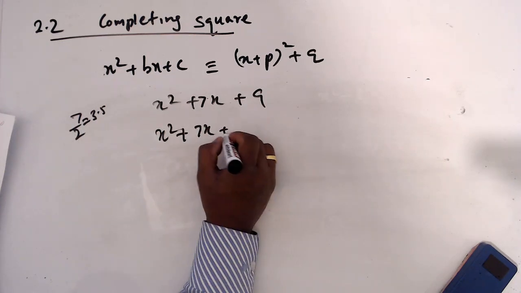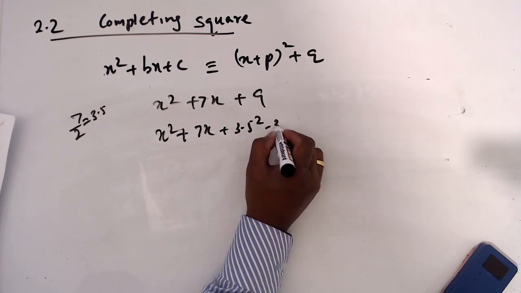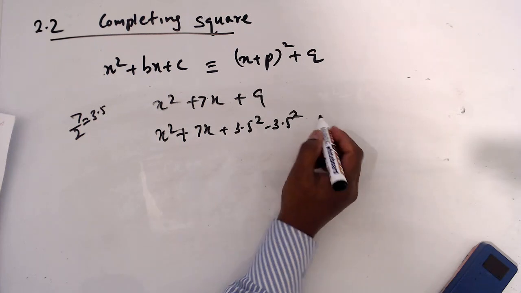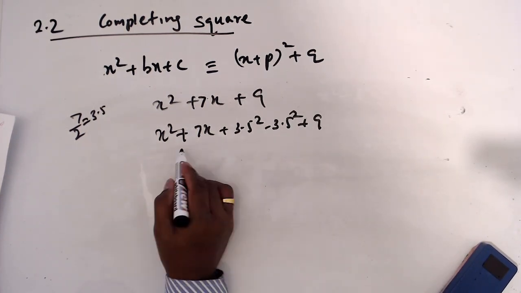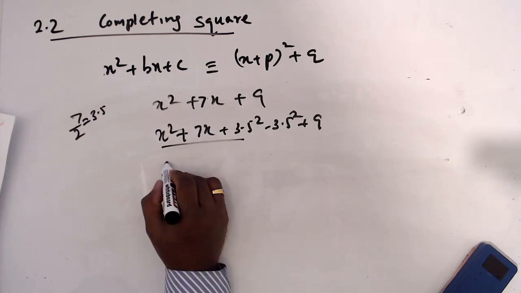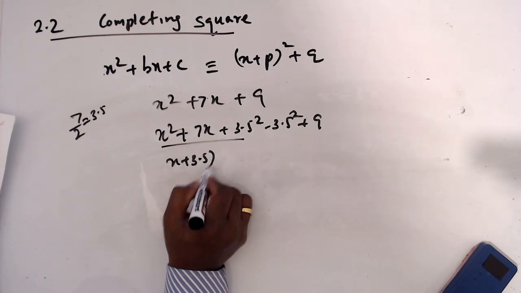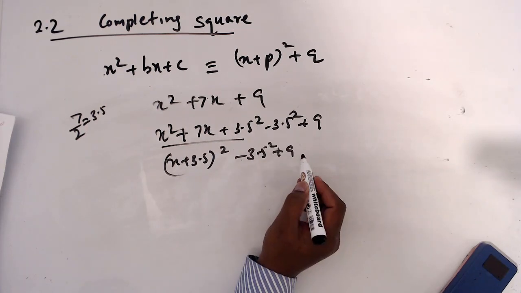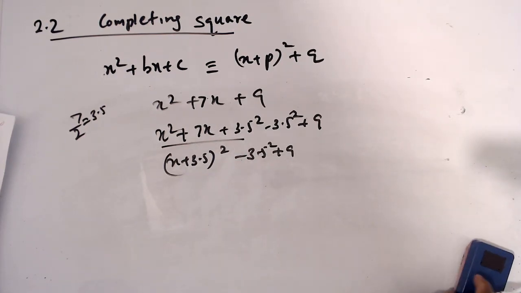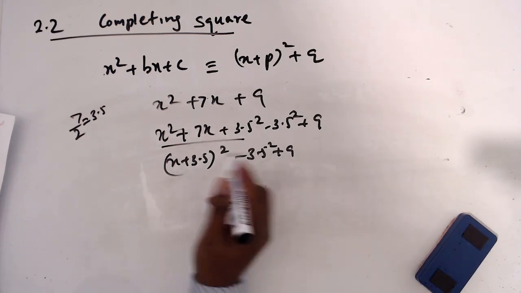It's not nice to write 3.5 square and 3.5 square plus 9. And then you can write x plus 3.5 square minus 3.5 square plus 9. This is not nice actually. It's still right.